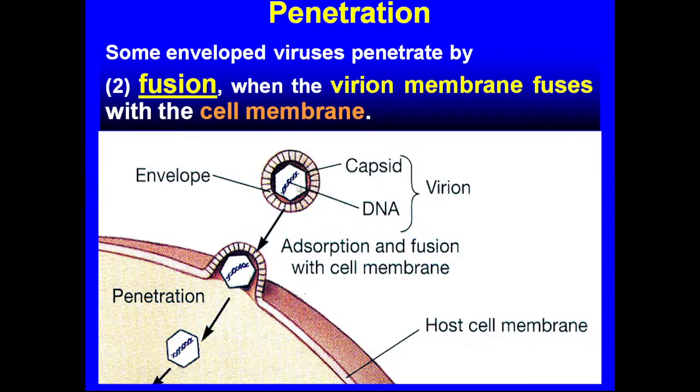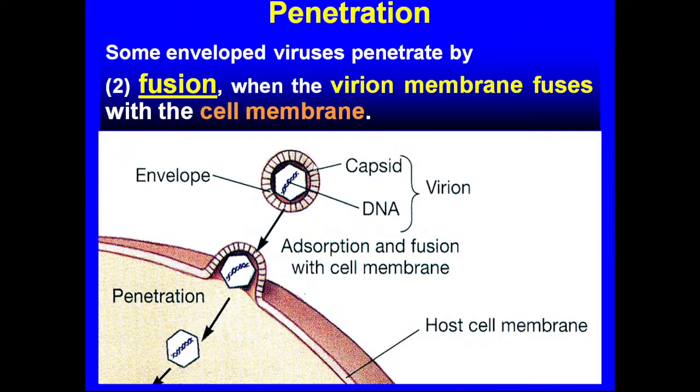When the enveloped virus attaches to the host cell receptor with the help of a specific protein spike on the surface of the virus, the process of fusion occurs, and the viral envelope will fuse, see, with the host cell membrane.